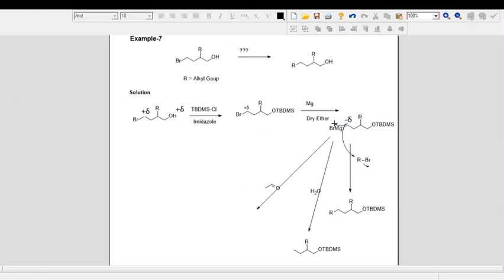The electron rich end of the Grignard reagent would attack on the electron deficient carbon atom of the aldehyde group.